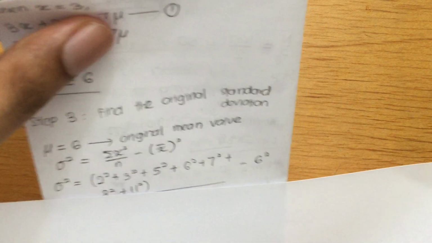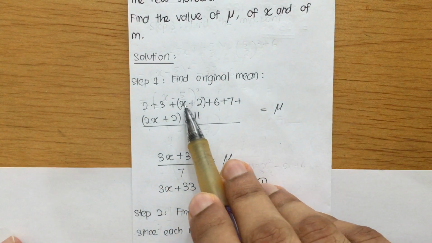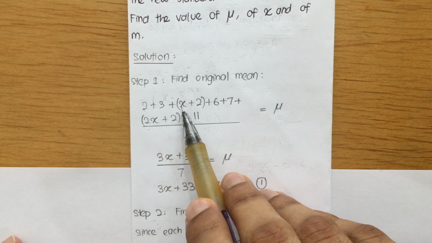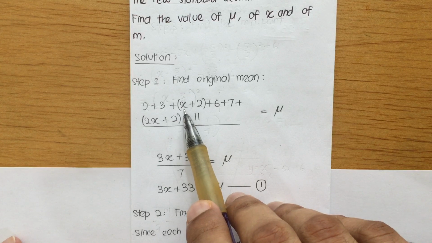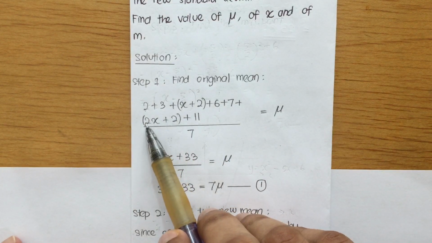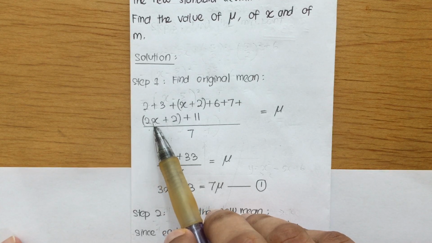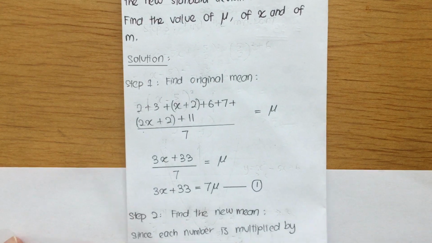If you don't remember, in the question they have already given the x value, right? In the working we have already substituted the x value here. Since x equals 3, 3 plus 2 you get 5, and then 2 times 3 you get 6, and then 6 plus 2 you get 8. So that's how the explanation goes, guys.